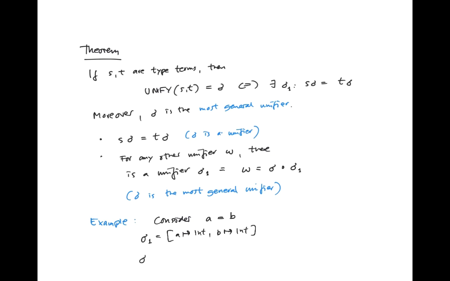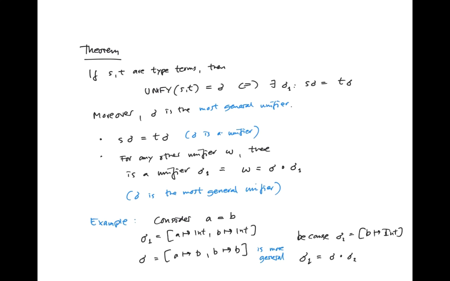But if we took instead the substitution that maps A to B and B to itself, that is also a unifier, and clearly this is more general than sigma 1, because we could take sigma 2 that maps B to int, and then we get that sigma 1 is sigma, then applied to sigma 2.